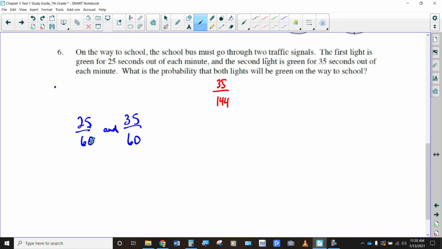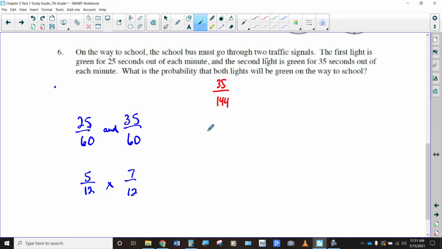So 25 out of 60, it looks like those have 5 in common. So if you divide this by 5, it gives you 5, and if you divide that by 5, it gives you 12, and that's the simplified version. This also has 5 in common, so that's going to simplify down to 6 out of 12. And now when you multiply 5 times 7, you get 35, and 12 times 12 is 144.